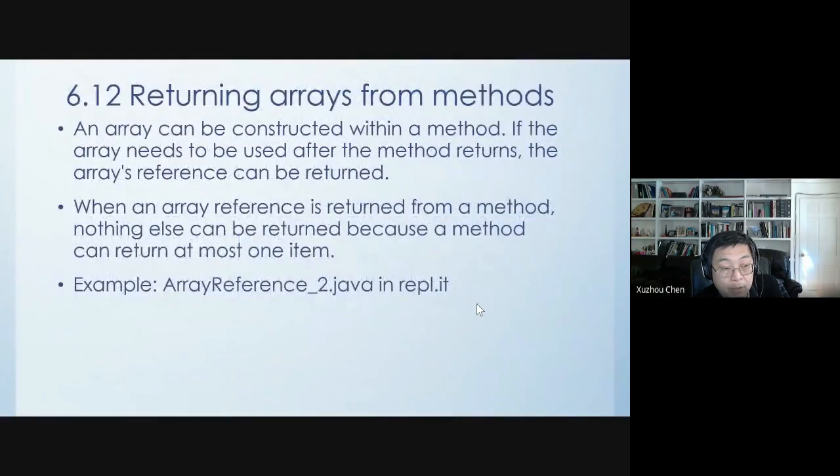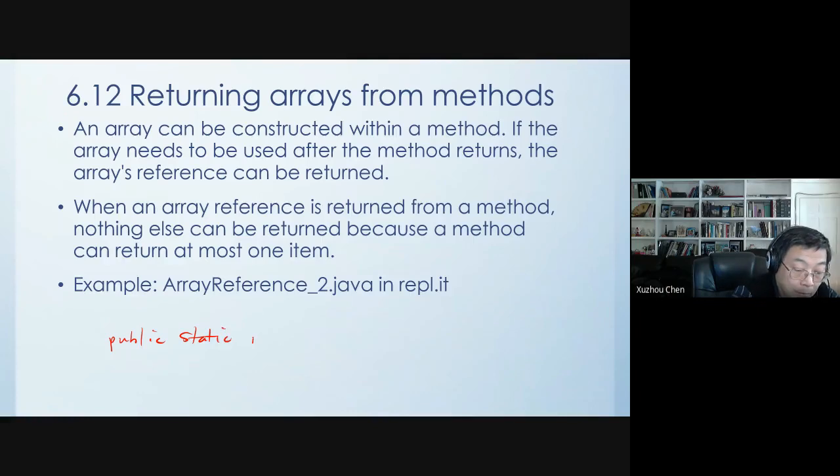Okay, I'm going to skip the next one. Also, it's the same kind of idea. When I define a method, say a public static method, I call my method, and my method may pass the x.